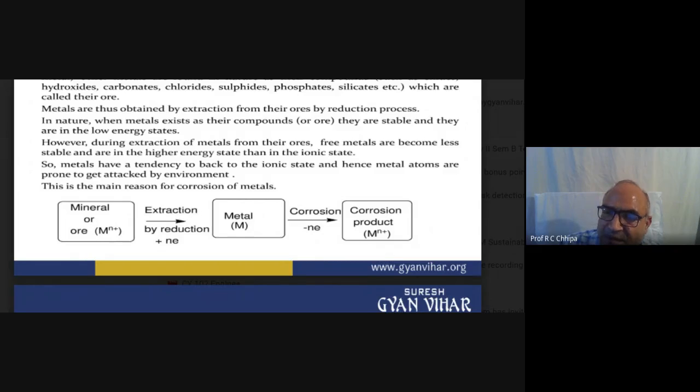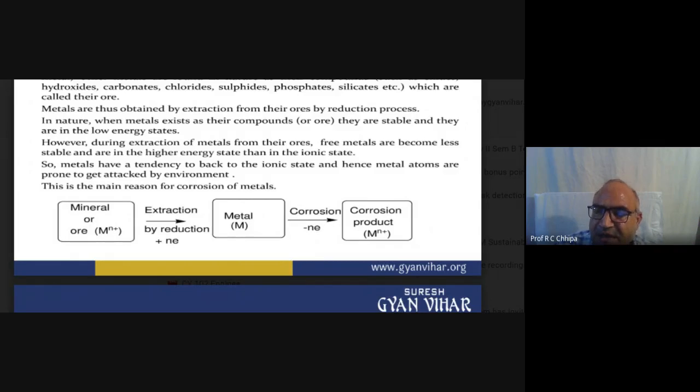But because of the environmental condition, the metal undergoes the process of oxidation. Electrons are removed, and this process is called oxidation. Oxidation itself is corrosion, because corrosion itself is destruction.